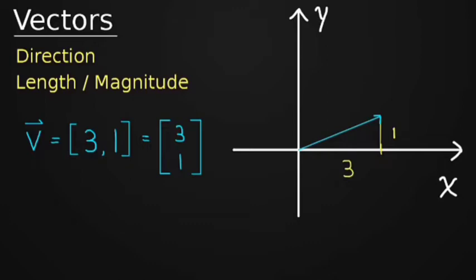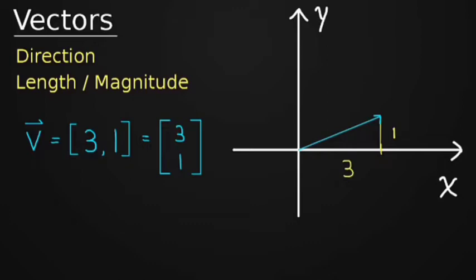The components of a vector can be represented in row or in column. Vector v is represented in row as (3, 1) as its component vector, and in column as 3 and 1. This graph explains the vector v.